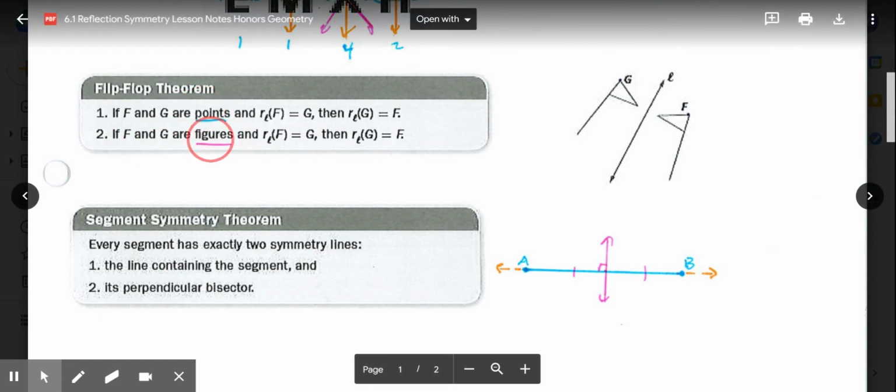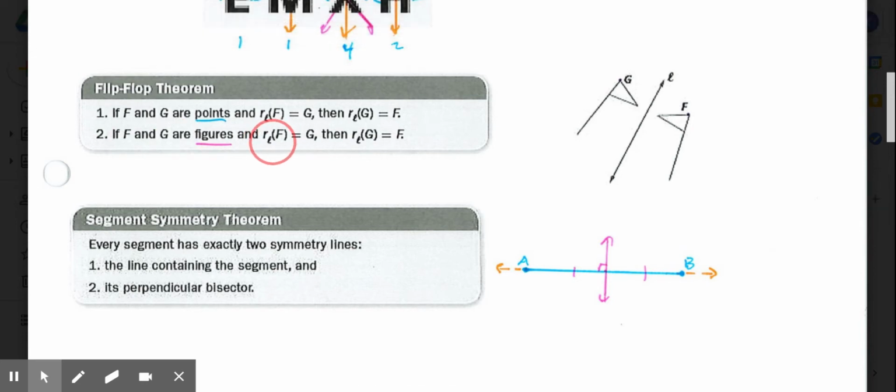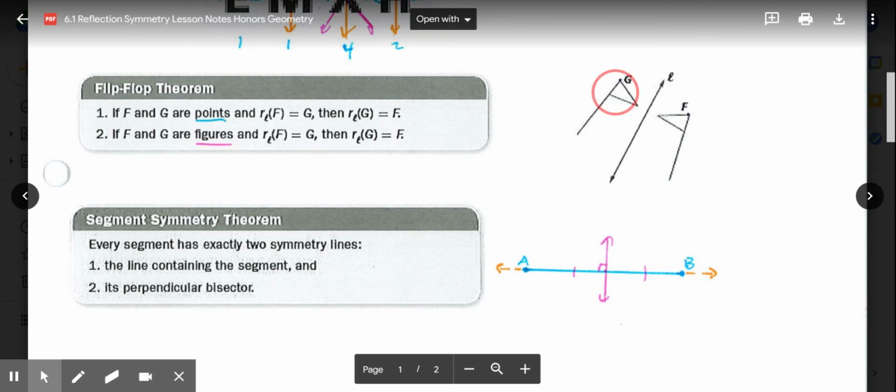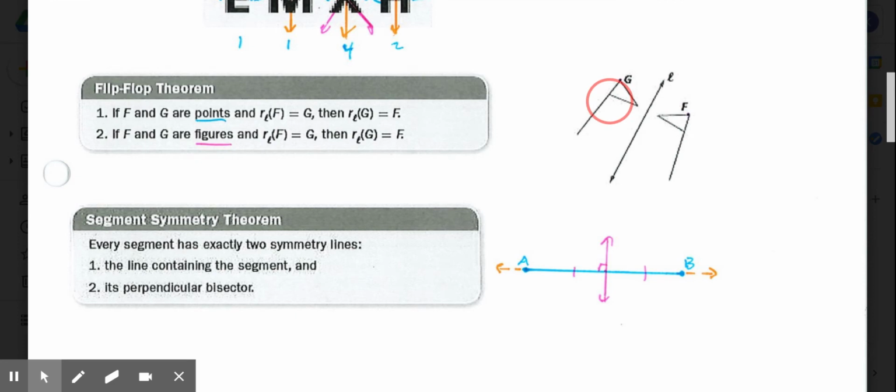If F and G are figures, then figure F reflected over L is equal to G, and G reflected over L is equal to F. You can flip-flop the order. So G reflected over L gives us F, F reflected over L gives us G, similar to our symmetric properties of algebra.